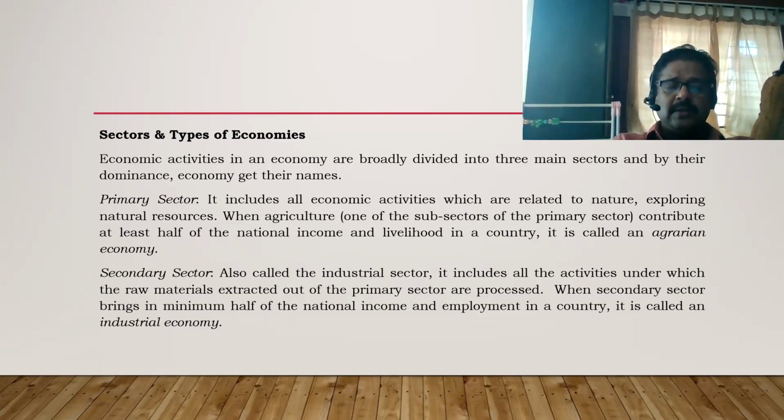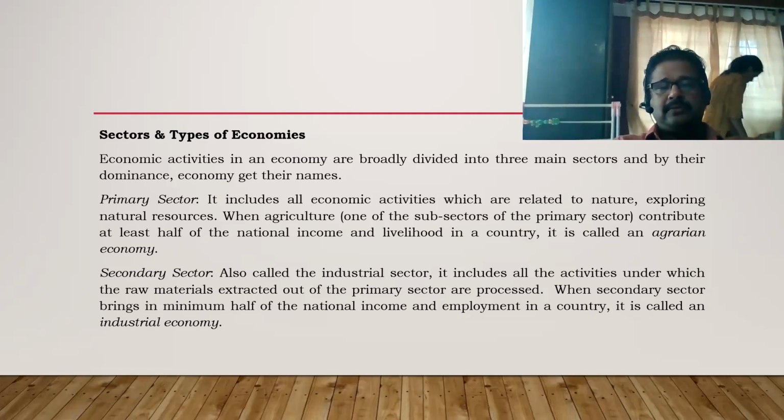Now, among these, about 75 to 80% of the world's population depend on agriculture mainly for their livelihood. And when in an economy, agriculture contributes more than half of the national income and livelihood of the economy, such an economy is known as agrarian economy.